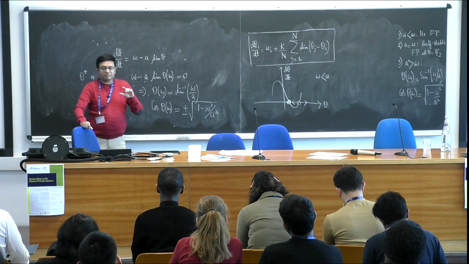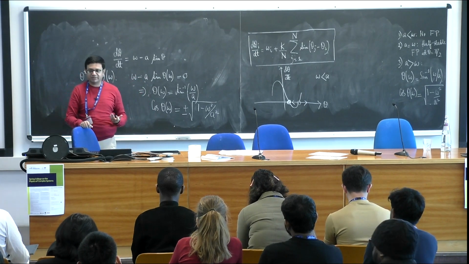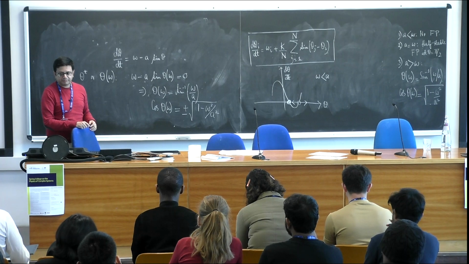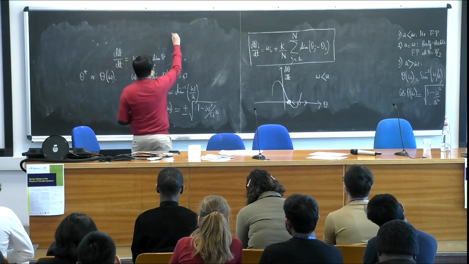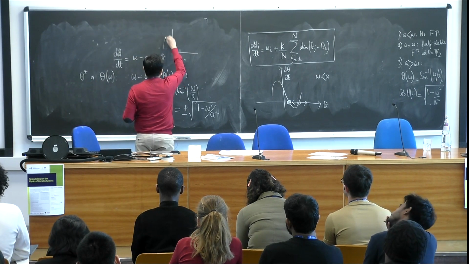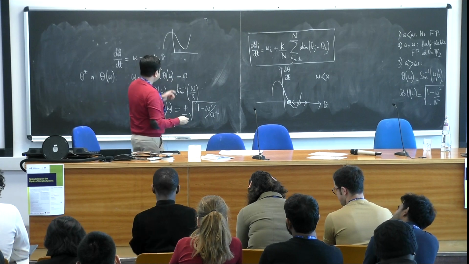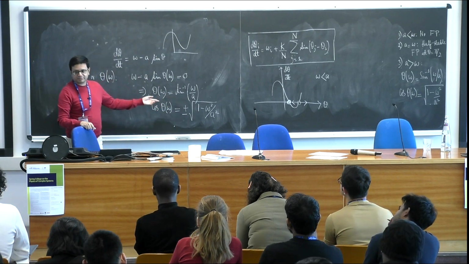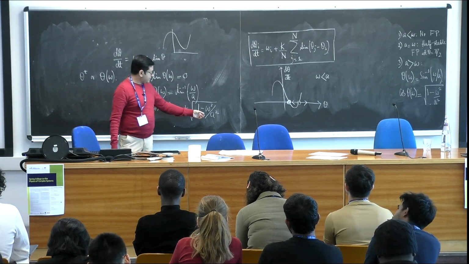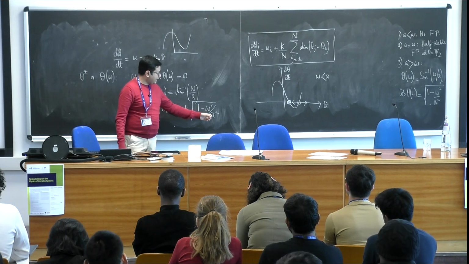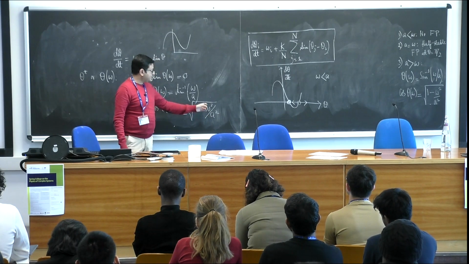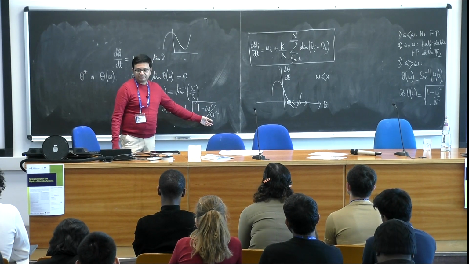That is the reason why in the first case you did not have any fixed point, you had a situation like this. Why? Because you don't have any solution of this equation. Or you can look at it from here also, that if omega is larger than a, then it's a square root of a negative number.